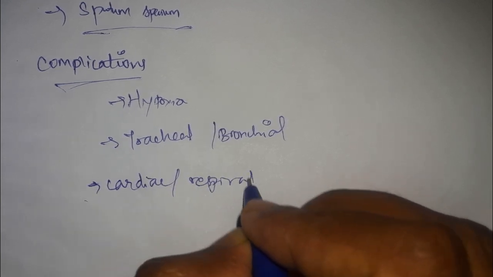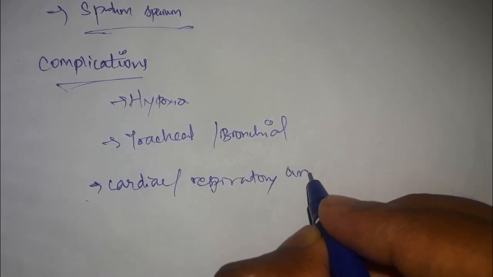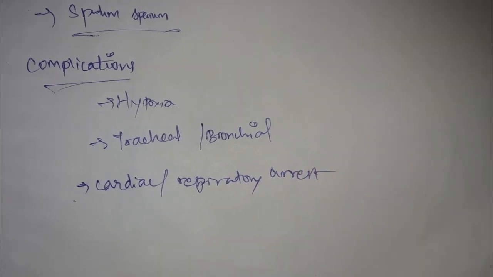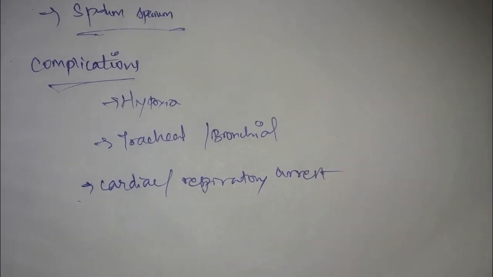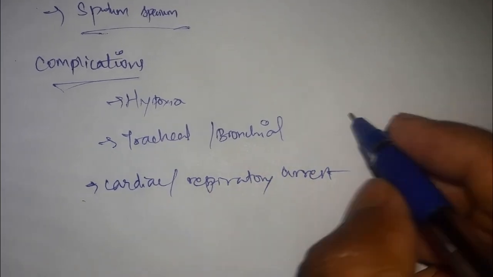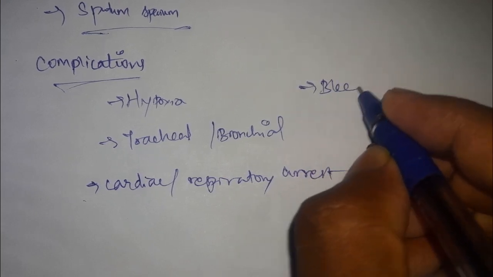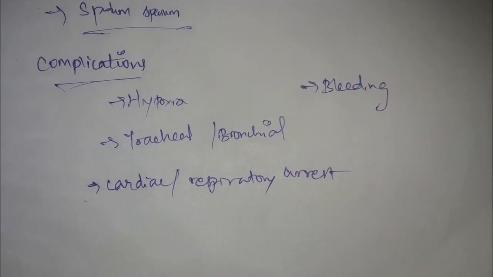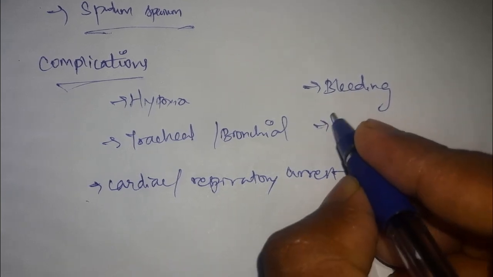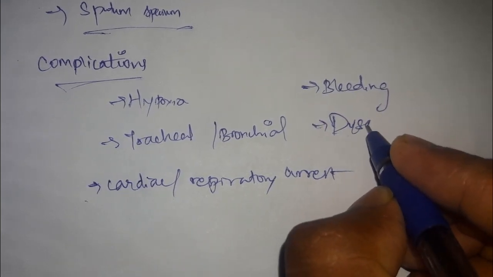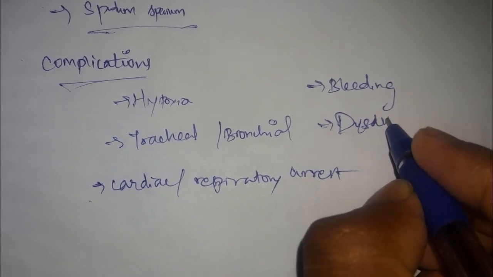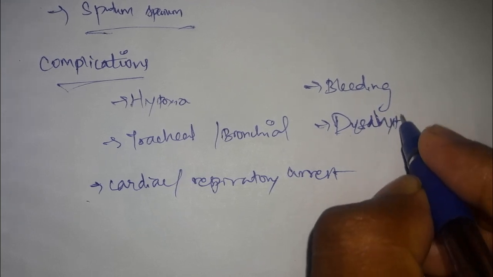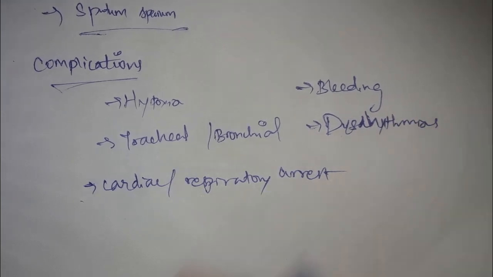If it happens, we should immediately start CPR and artificial respiration. In some people there may be bleeding, pulmonary hemorrhage, and cardiac dysrhythmia, so the rhythm of the heart may change.